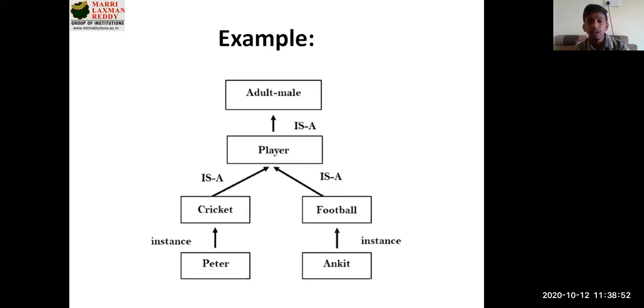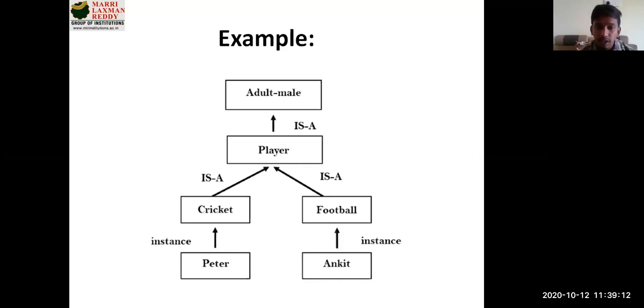You have two different persons, Peter and Ankit. These are the instances for your scenario. Peter is playing cricket and Ankit is playing football. Both are players, which is why we point to the same direction, that is players. Peter is a cricket player, Ankit is a football player.